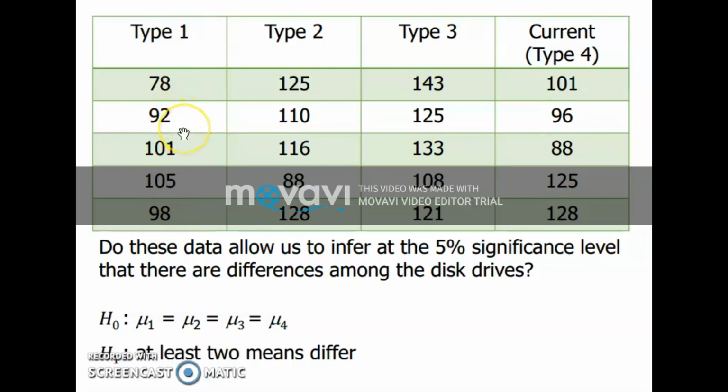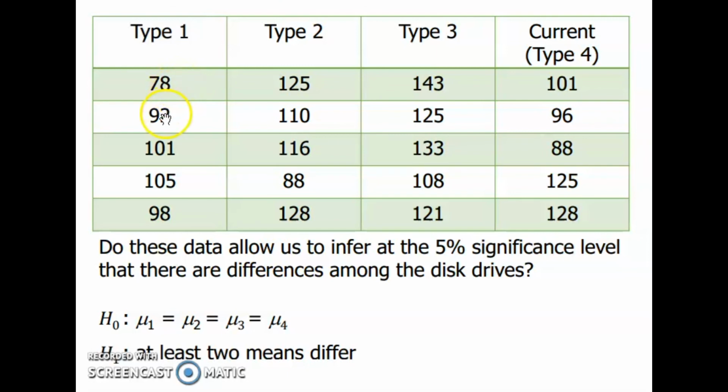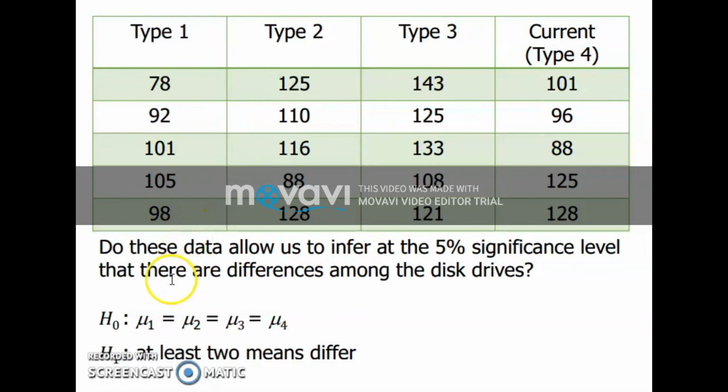That is X bar 1. Then you calculate the variance by taking each term, 78 minus the mean, 92 minus the mean, and so on, squaring the differences, summing them, and dividing by n minus 1.